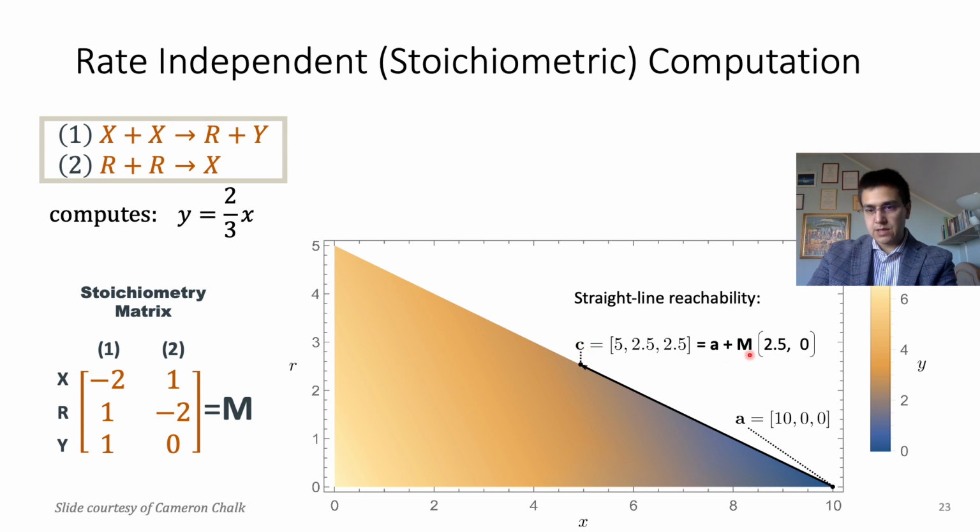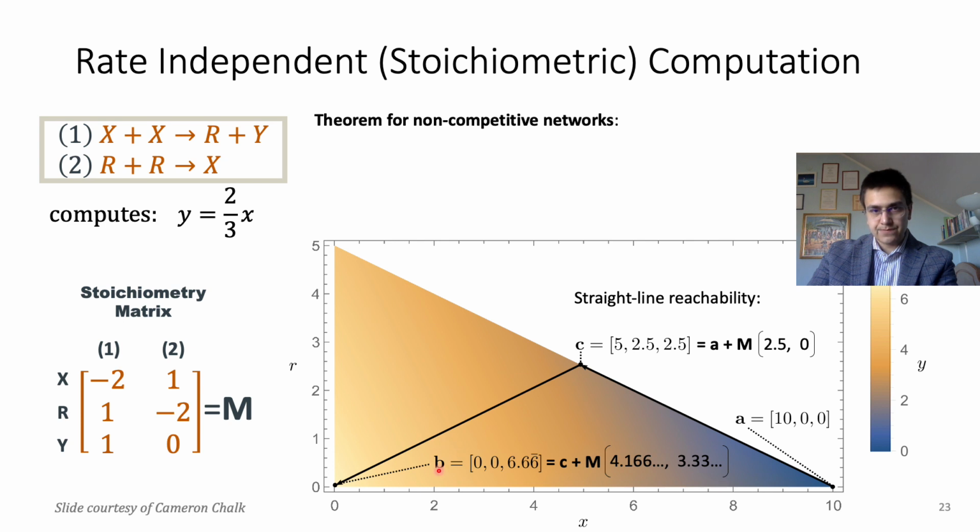So we can reach state C if we multiply M by a vector that specifies how many times each reaction occurs. And then from C we can do the same and reach state B. State B is very important because X and R are 0, and because of that no reaction can fire, meaning that we cannot exit state B. This is a stable state.